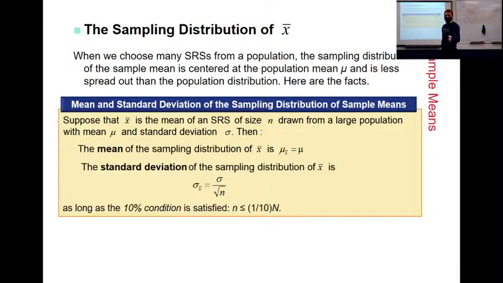It should be centered where the center is, just like the proportion one should be centered at wherever the proportion actually is. Standard deviation for x bar is going to be the standard deviation of the population over the square root of n.